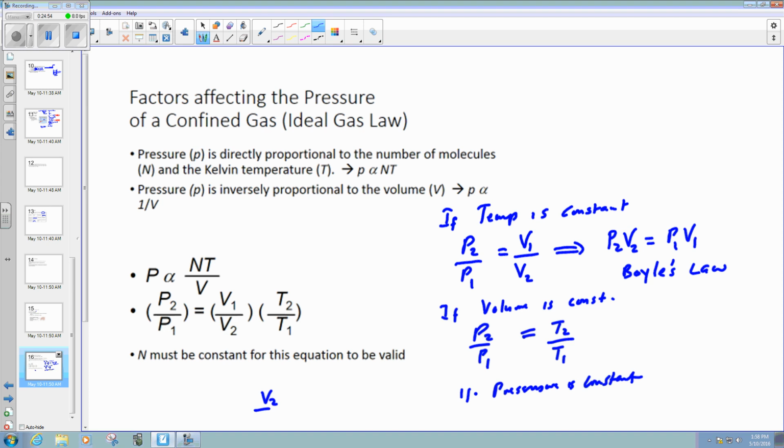So we have what is called Boyle's law, we have what is called Charles's law, and we have what is called Gay-Lussac's law. But all you need to remember is these ratios, and they will always be given to you. So that is it for chapter 5, and we are going to look at a few problems.